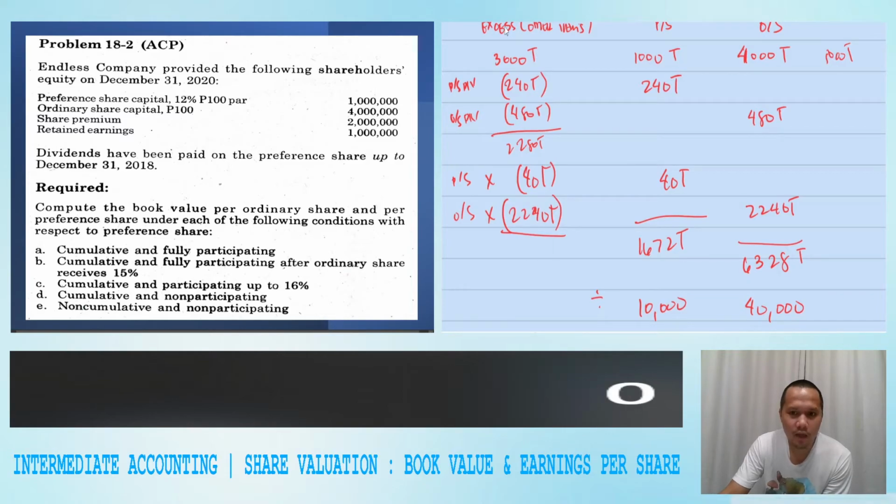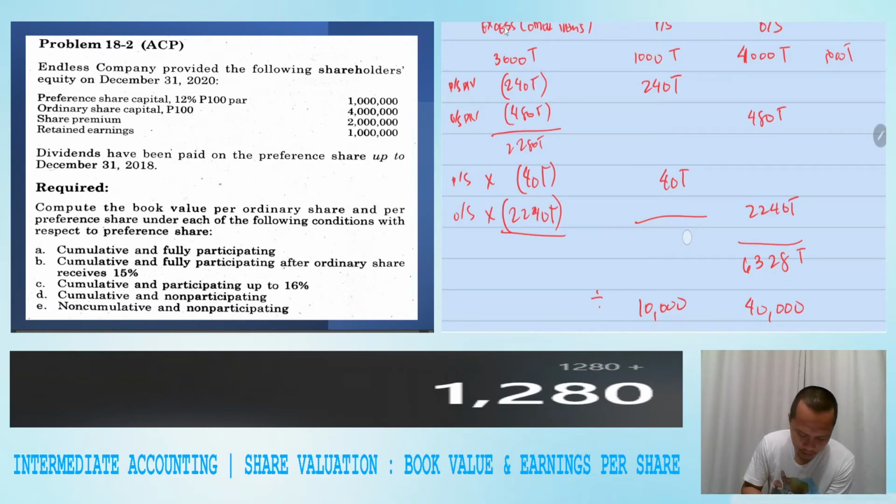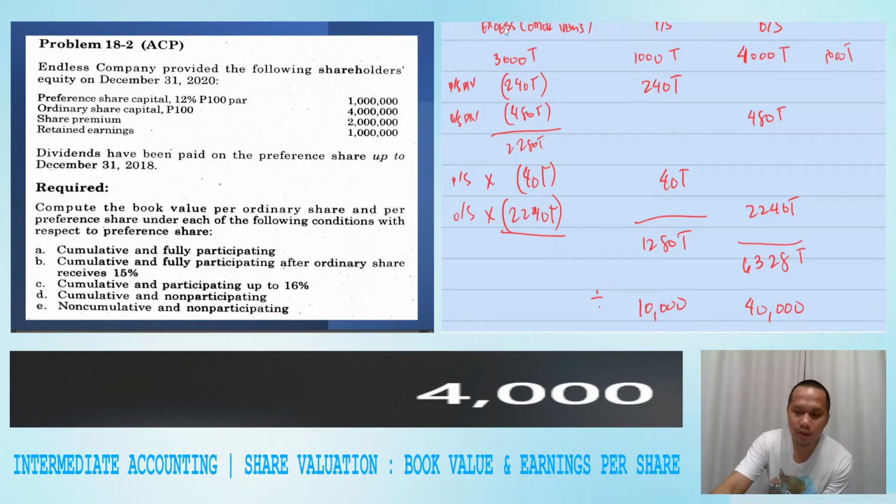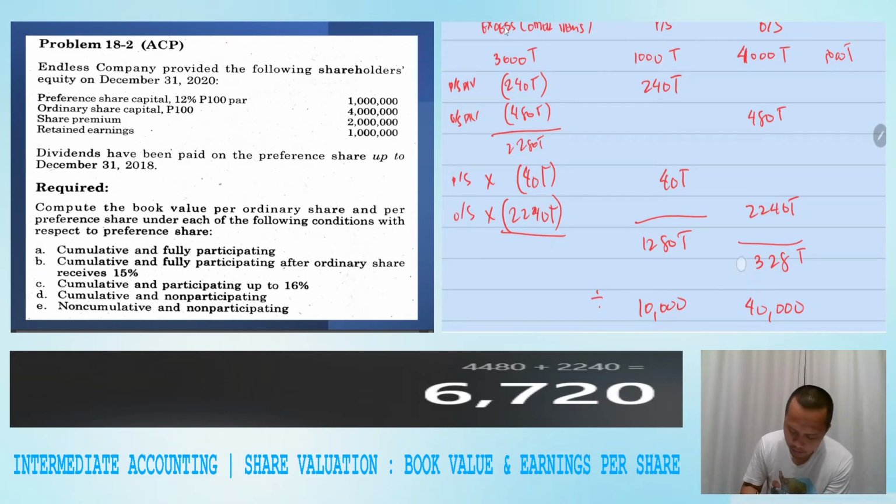Now, the total stockholders' equity of the preference share would be 1,000,000 plus 240 plus 40. So that is only 1,280,000. For the ordinary share, that is 4,000,000 plus 480 plus 2,240,000. So that is 6,720,000.